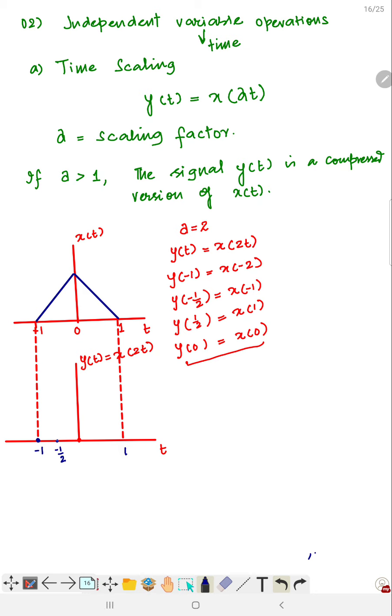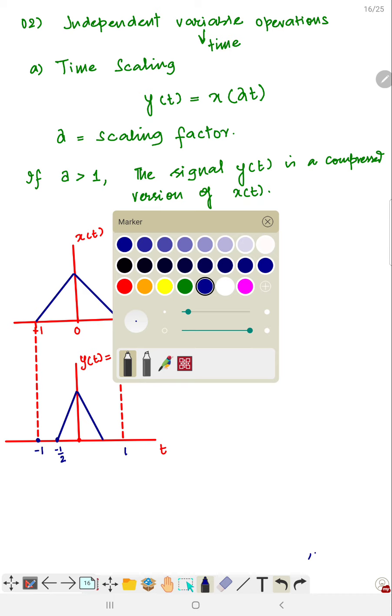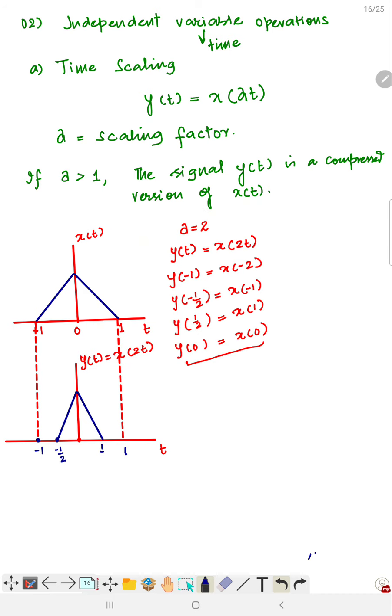That is a value which was here. So it will start from here, reach to some point, say here. Similarly, on the other hand, y of 1/2 is x of 1. That means here, something like this. So this is 1/2. Then again, y of 1 will be x of 2, which is not defined, which is 0.